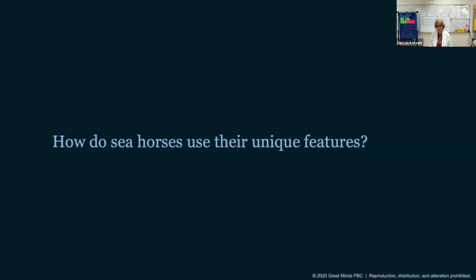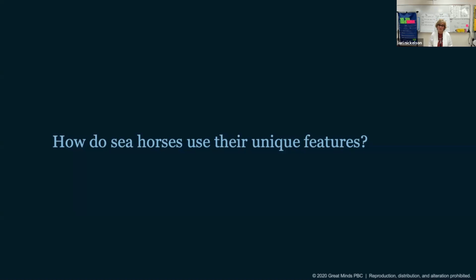But before we get into the lesson for today, let's take a moment to review the question that we've been building knowledge to answer while we've been exploring the seahorse text. And that question is, how do seahorses use their unique features? One more time, how do seahorses use their unique features?